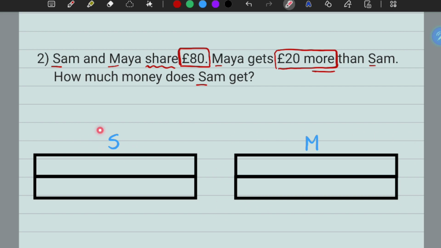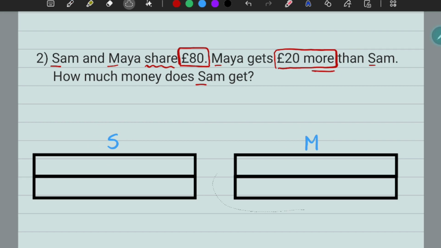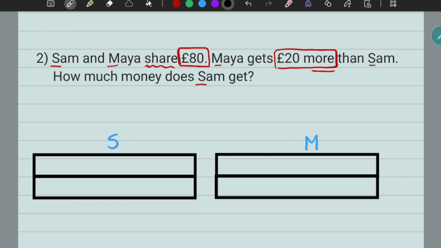I've got one labeled S and one labeled M. Yes, that's for Sam and Maya. Now I'm just going to move Maya's one across a little bit to give us a little bit more space so that I can add on, because I know that at the end Maya has got £20 more. And we also know that all of Sam's and Maya's together equals £80.